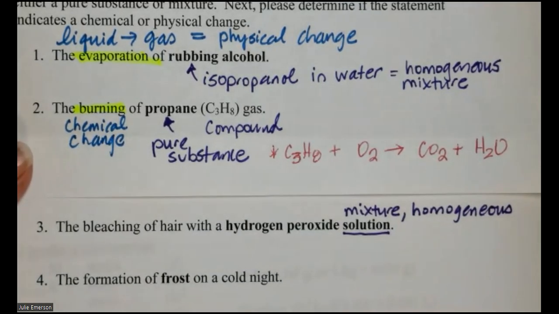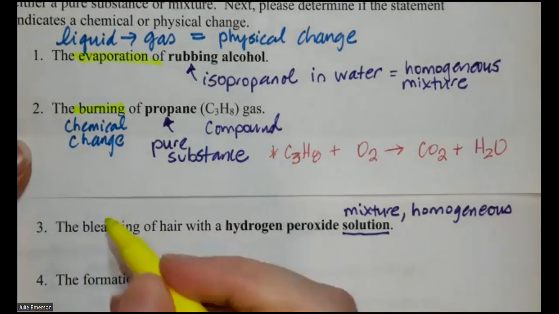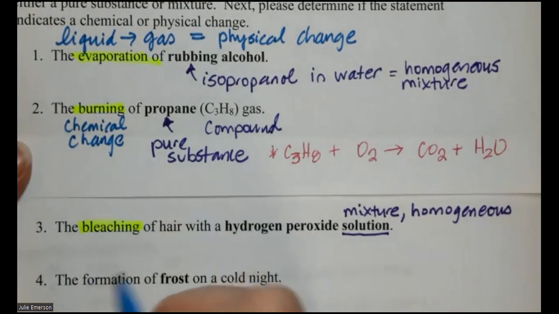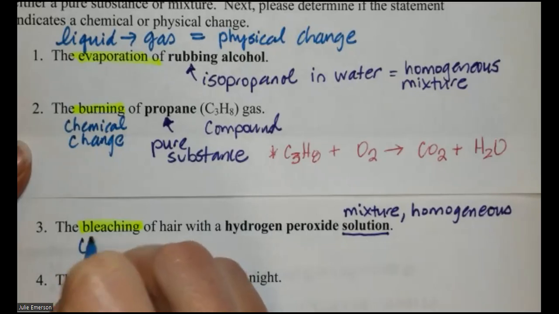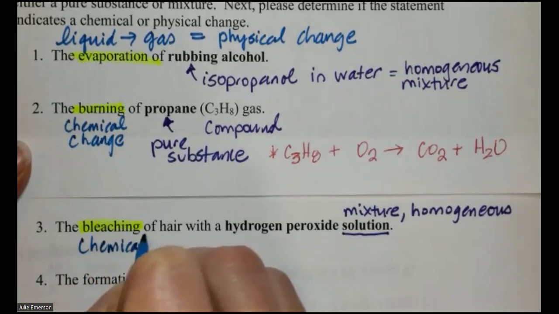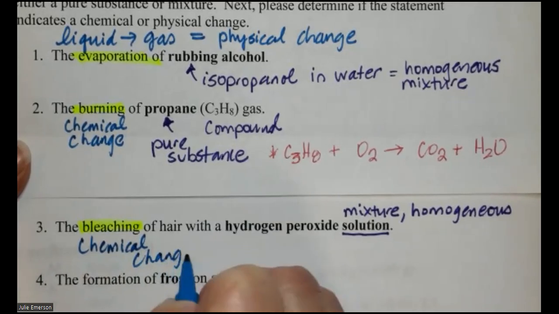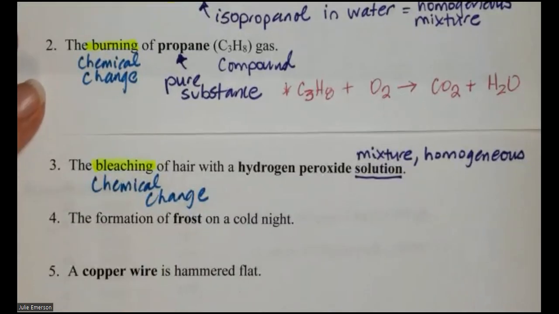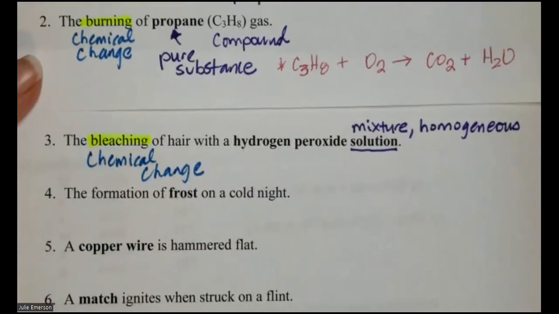All right. Now, bleaching. You may not necessarily know exactly the chemistry behind it, but with bleaching, we know we can't undo it, right? Once it's done, it's done. So that means this is going to be a chemical change. We may not know exactly how that happens, like the chemical reaction, the formula, the breakdown, whatever. But if it's hard to undo, it's more than likely a chemical change.